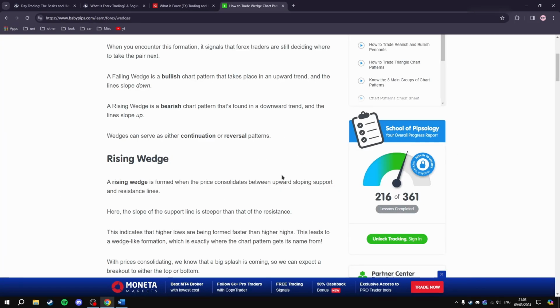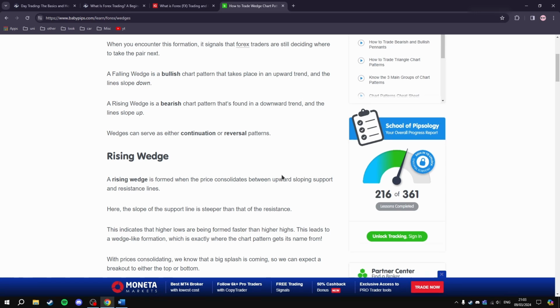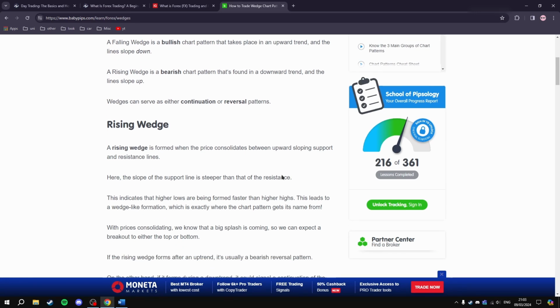A falling wedge is a bullish chart pattern that takes place in an upward trend, and the lines slope down. A rising wedge is a bearish chart pattern that's found in a downward trend, and the lines slope up.